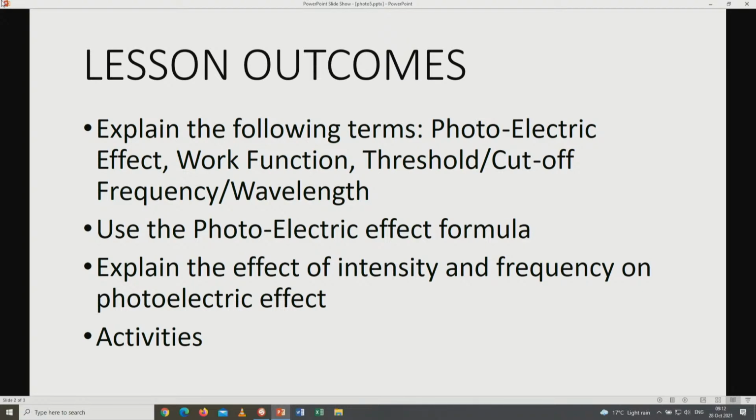Then we will do calculations based on the photoelectric effect formula, explain the effect of intensity and frequency on the photoelectric effect, and lastly, we will end with the activities on this topic.